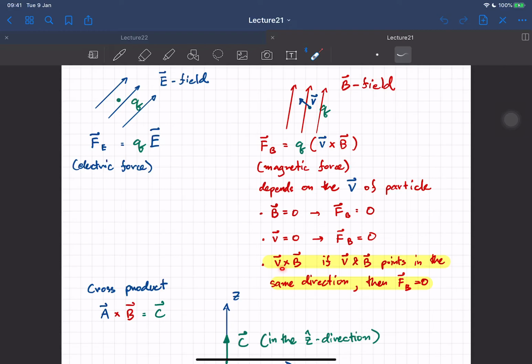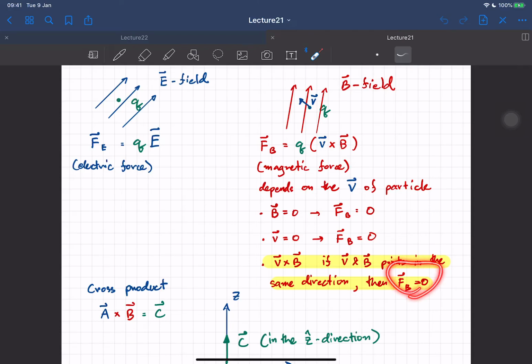And the fact that it's V cross B, a cross product. So if velocity and magnetic field point in the same direction, for example, in this case the magnetic field is going up, and for some reason let's say the velocity of the particle is also going up exactly the same way, same direction as the magnetic field, then the cross product will be 0.